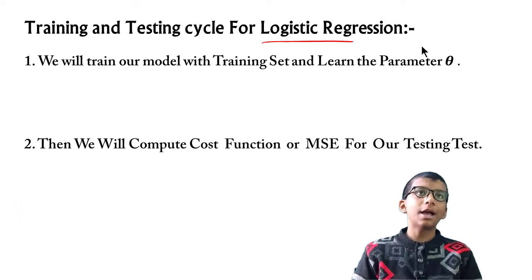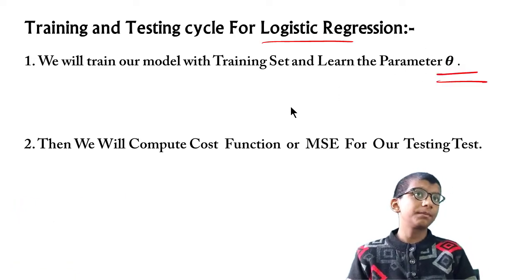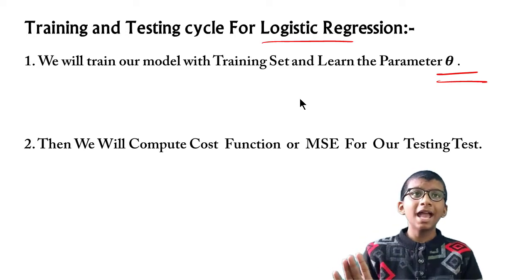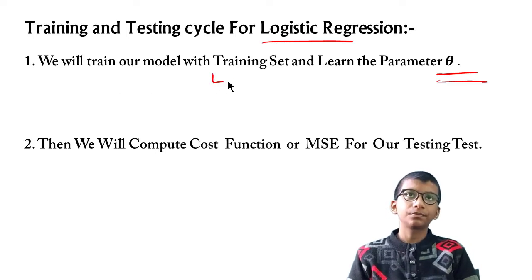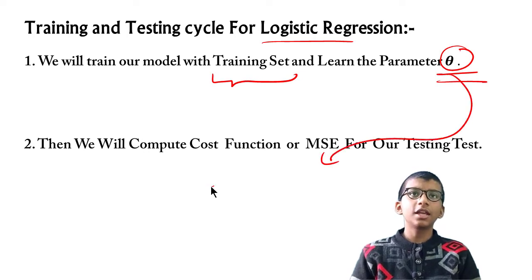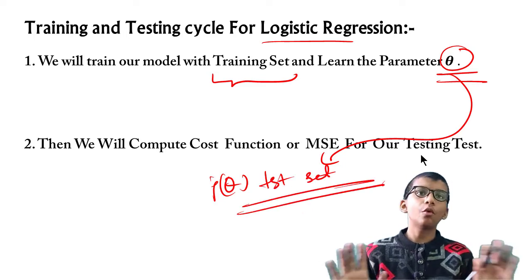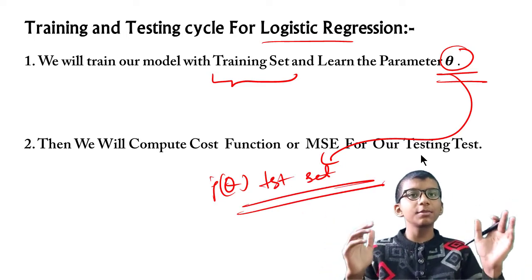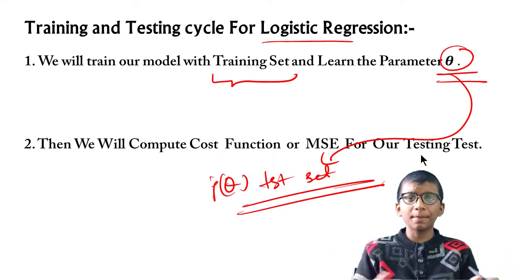It simply means we have learned a parameter, and this model generalizes well on our training set. We take that parameter and plug it into J of theta for our test set. Only that. This is pretty much clear, and this is all done.